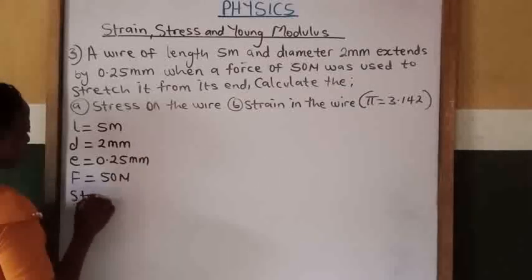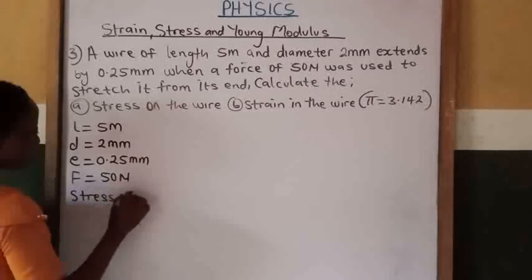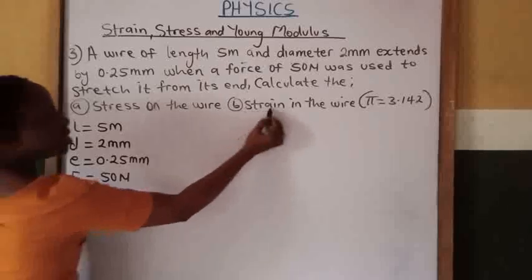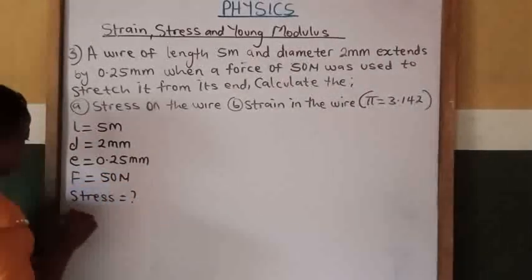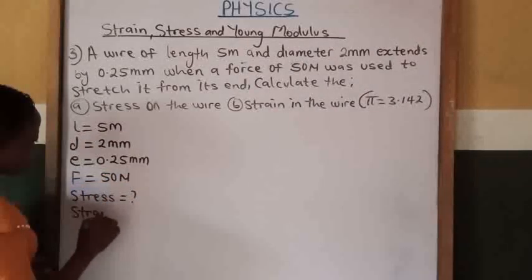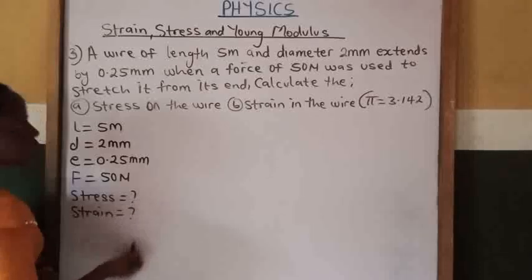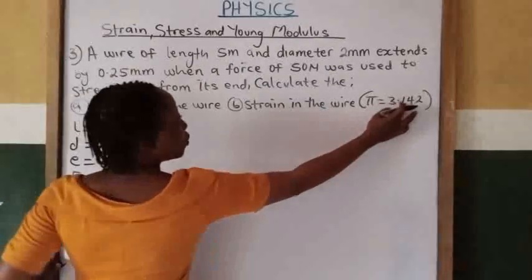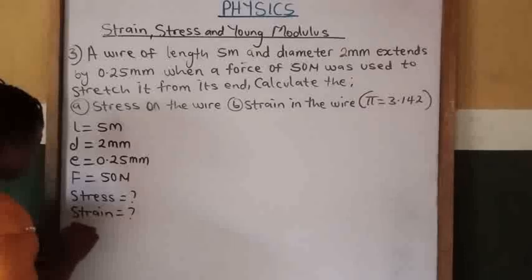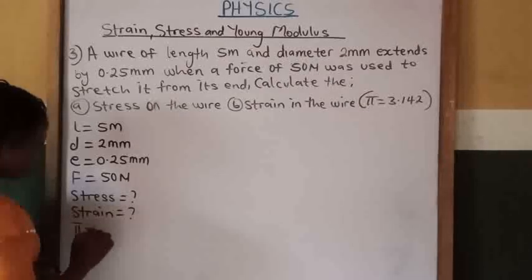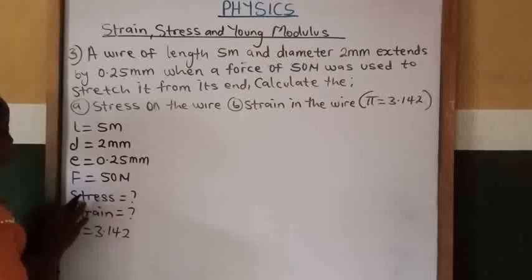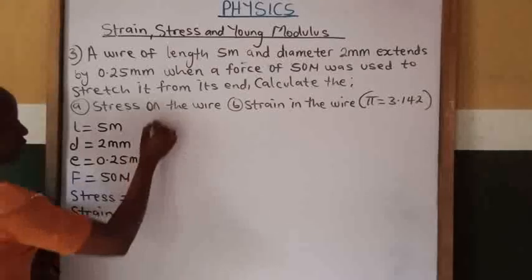Calculate A, the stress of the wire. So stress is unknown. B, the strain in the wire. So strain is also unknown. Then take pi equal to 3.142. So the first question, we are looking for the stress.